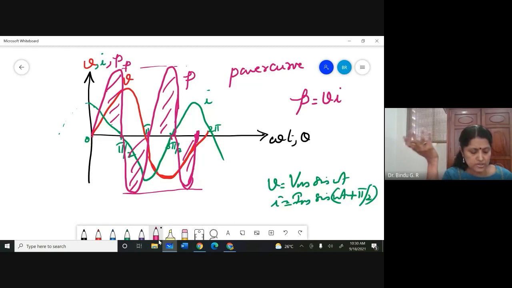As the voltage falls, the collapsing electrostatic field returns the stored energy to the source.